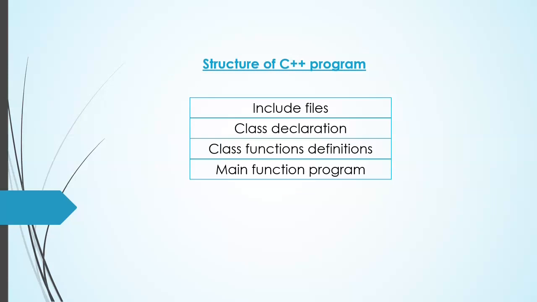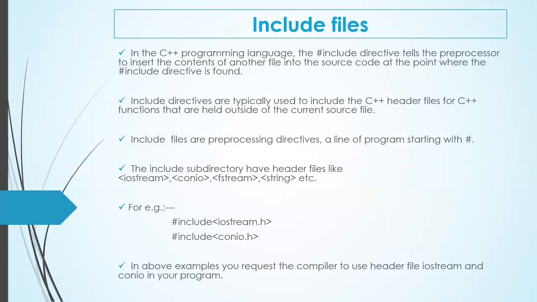These functions may be placed in different code files and then compiled independently or jointly. Now we'll see one by one each section of C++ program in detail. First one, include files.